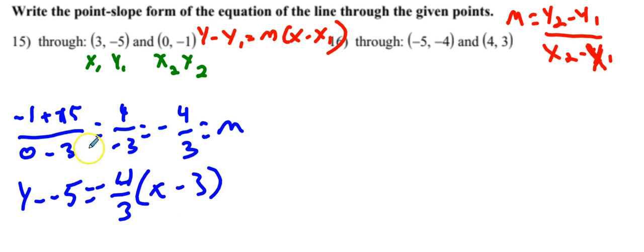Obviously, be careful to be sure that if you're using this y value, you use this x value. You don't want to jump back and forth between your 2 points. Simplify the y minus negative 5 to be y plus 5. So our final answer here will be y plus 5 equals negative 4/3 x minus 3.